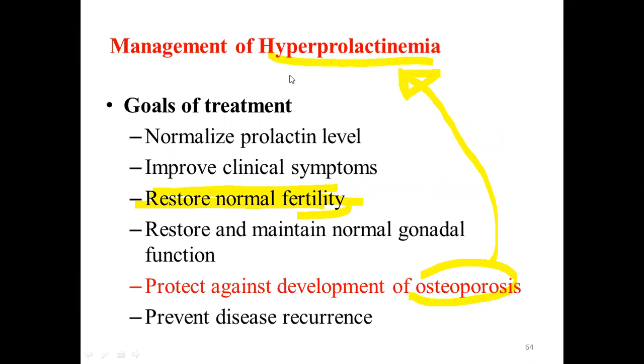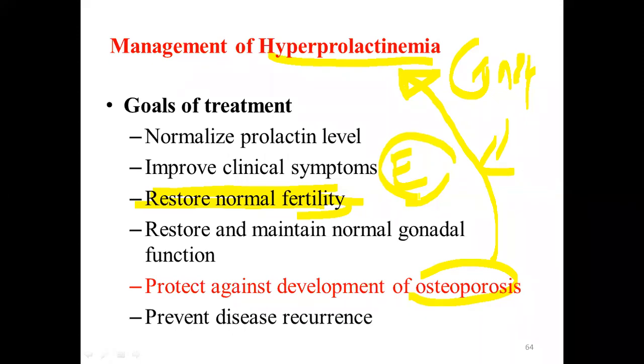As I mentioned before, when the prolactin level is elevated, it can suppress the gonadotropin releasing hormone, and ultimately the gonads will not produce a sufficient level of estrogen. Remember, estrogen is a very important hormone for females, especially for bone development and bone remodeling.